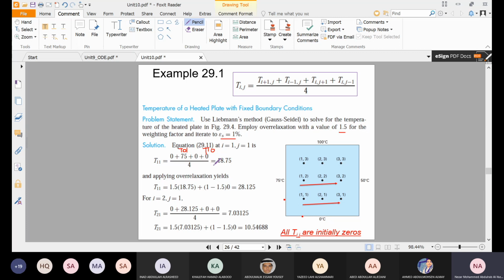Now we use this as the new value of T11, and the old value of T11 is 0.